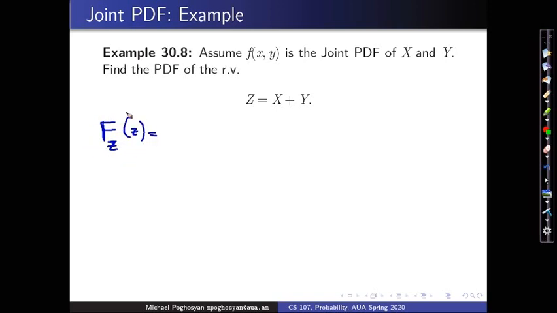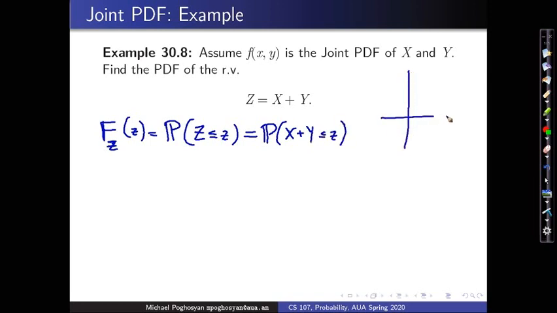Then I will differentiate this to obtain the PDF of z. The CDF is by definition the probability that z is less or equal than small z, and because z is the sum, I'm writing x plus y is less or equal than z.